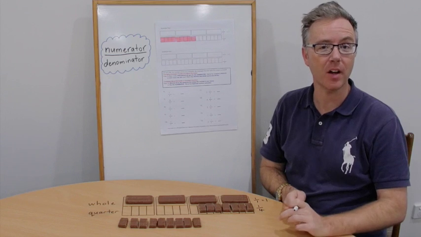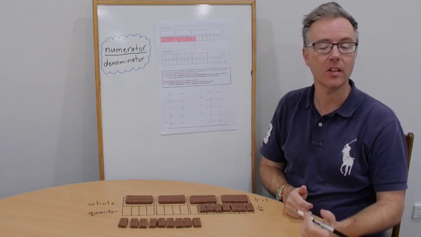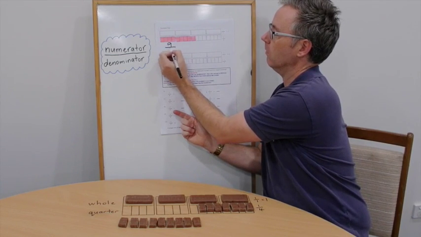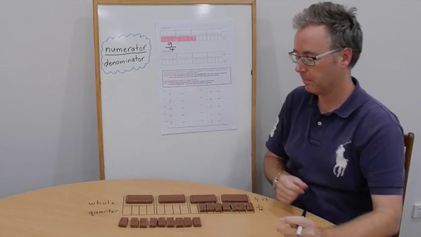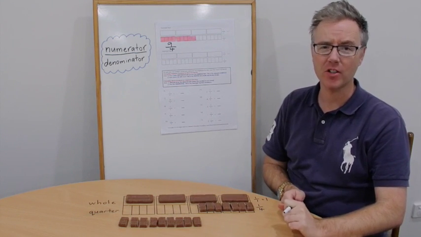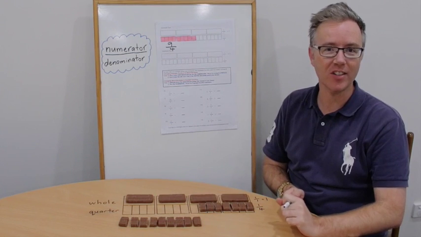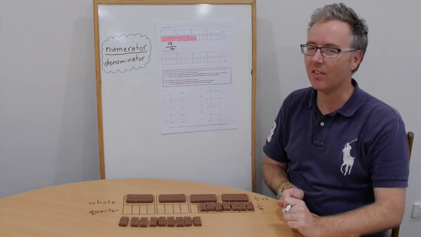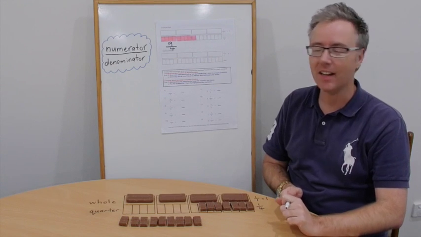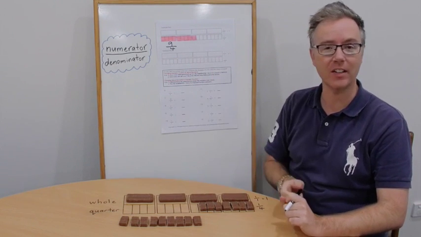So now let's write that up. 9 quarters, 9 over 4. And you can see there, 9 quarters. You might actually have an idea. I'd like you to think ahead of when I do it. I'd like you to go and highlight and even write. You might not even need to highlight it.